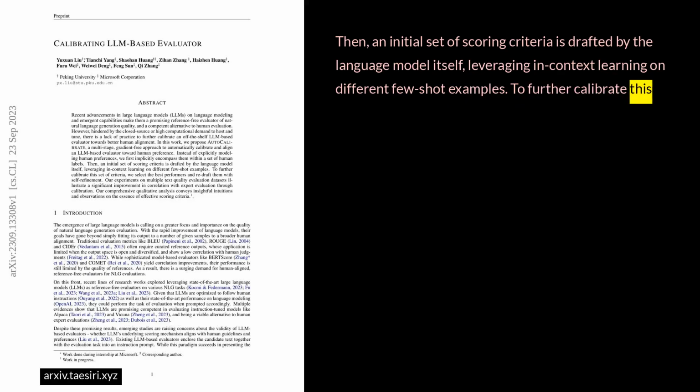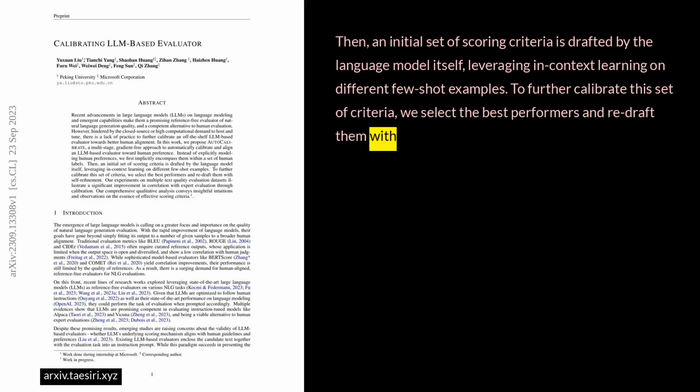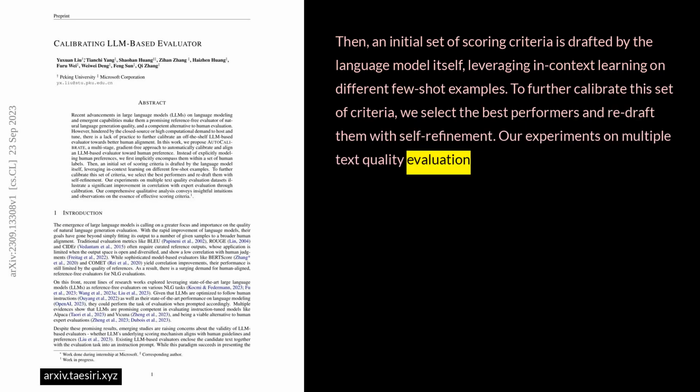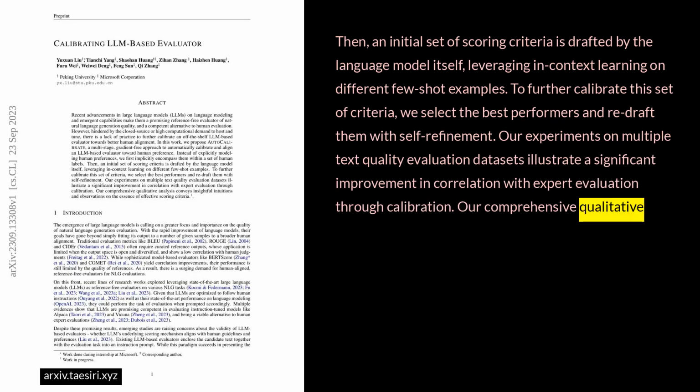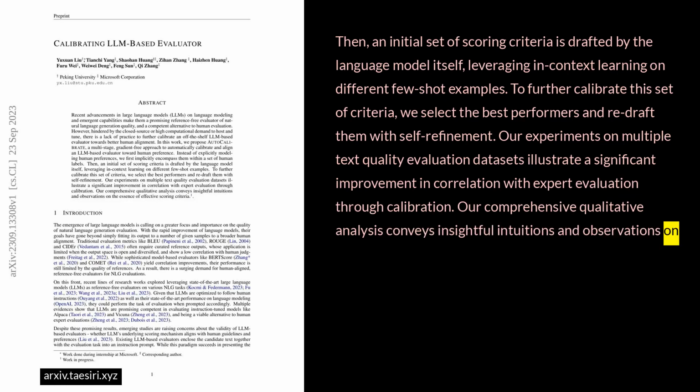To further calibrate this set of criteria, we select the best performers and redraft them with self-refinement. Our experiments on multiple text quality evaluation datasets illustrate a significant improvement in correlation with expert evaluation through calibration. Our comprehensive qualitative analysis conveys insightful intuitions and observations on the essence of effective scoring criteria.